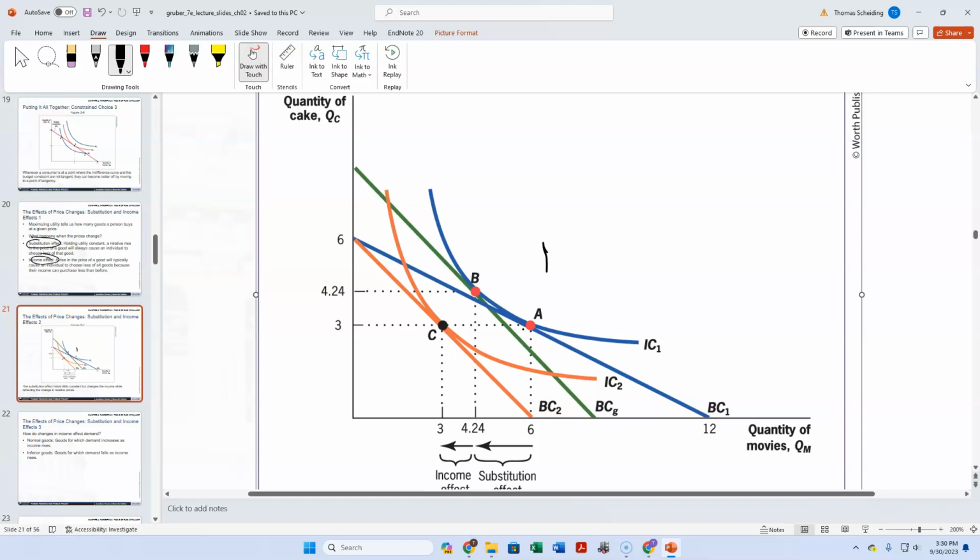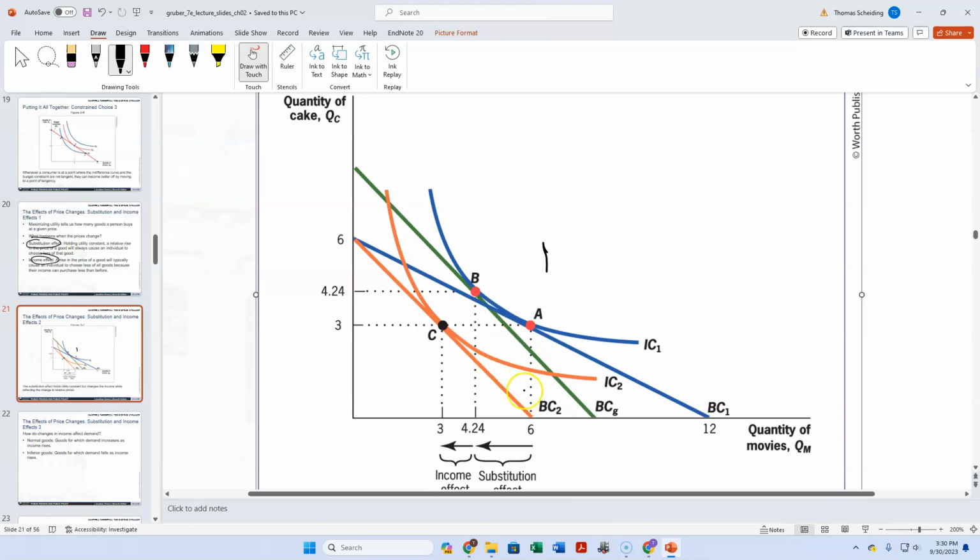draw a new indifference curve that's just parallel to the original indifference curve and is reflecting the new budget constraint. Now we have to stay, at least initially here for the substitution effect, on the original indifference curve.